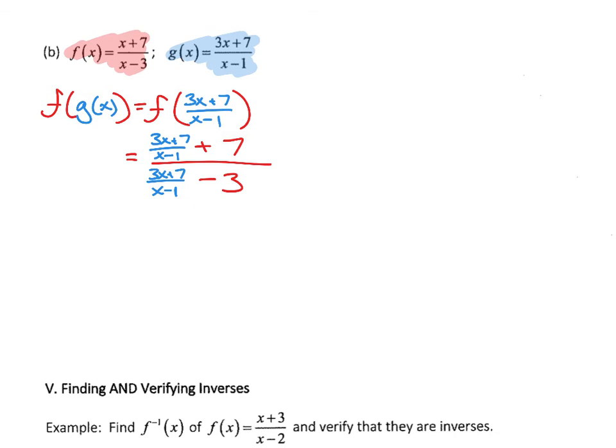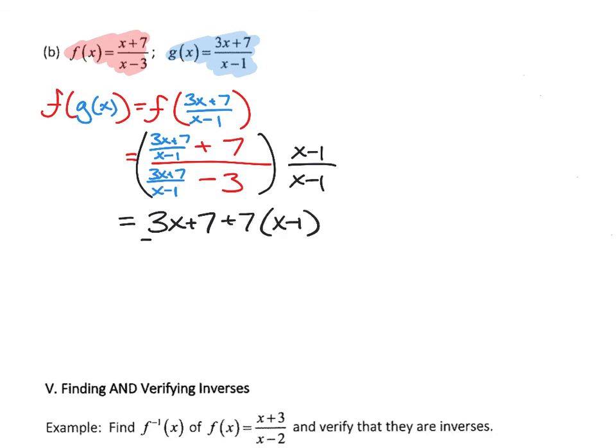To deal with this, we're going to multiply both the numerator and denominator by x minus 1, because it will get our fractions out of the denominators. In the numerator, the first term of the binomial and the denominator cancel out, and the second just gets multiplied by x minus 1. Same thing happens in the bottom.